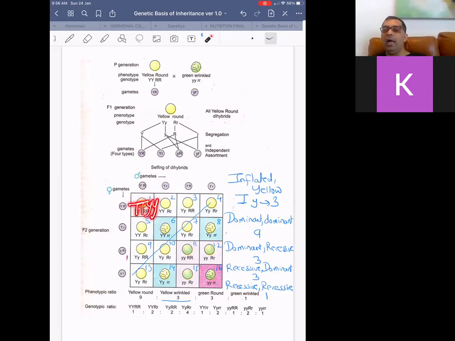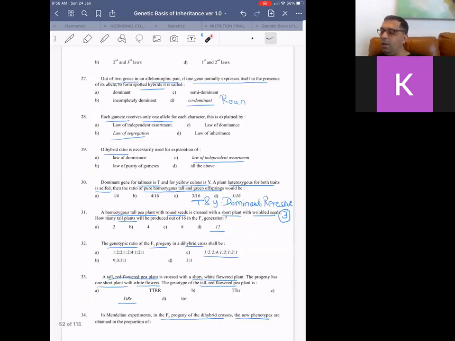So double homozygous tall and yellow is one. Double homozygous tall and green is one. Double homozygous dwarf and yellow is one. Double homozygous dwarf and green is one. So for any character, double homozygous pure breeds are always one.